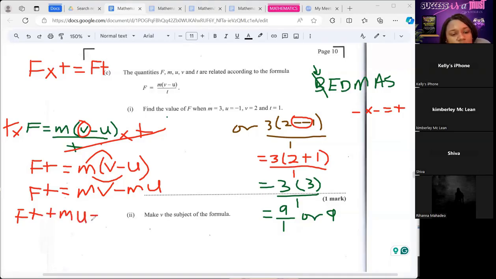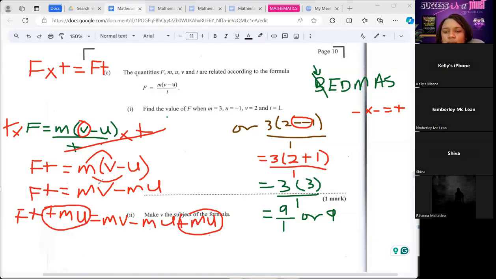You don't divide, because some people are starting to divide. You're not separating the M from the U, so you don't have to divide anything there. So plus MU. The only thing I just did here was add MU on either side.